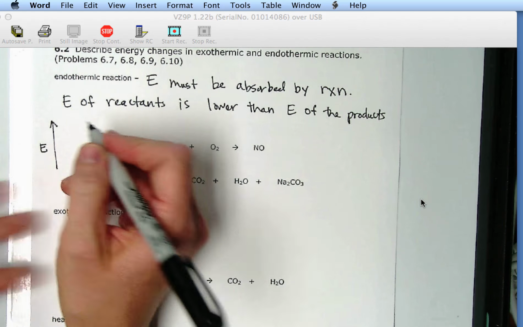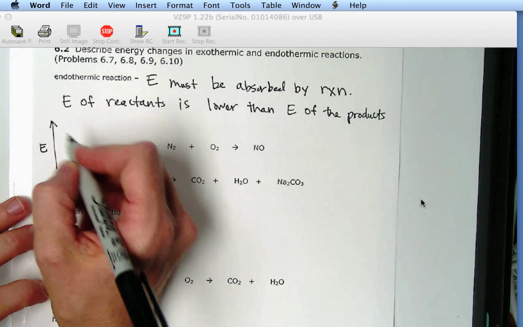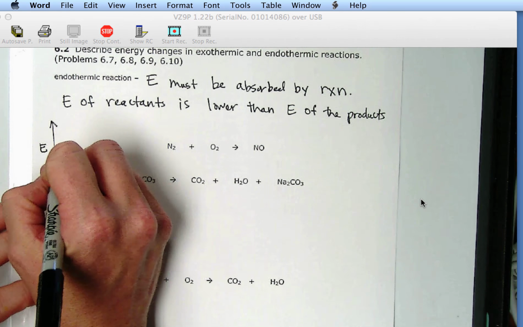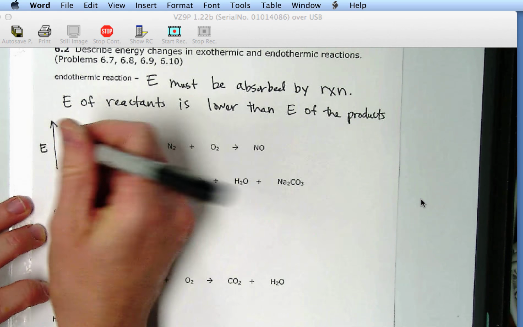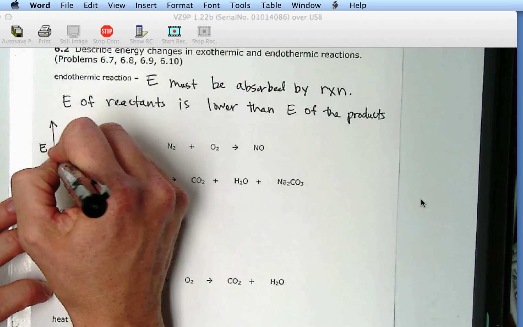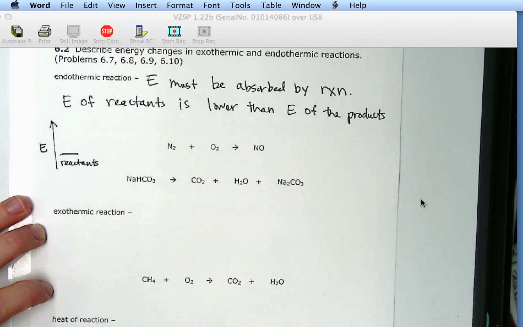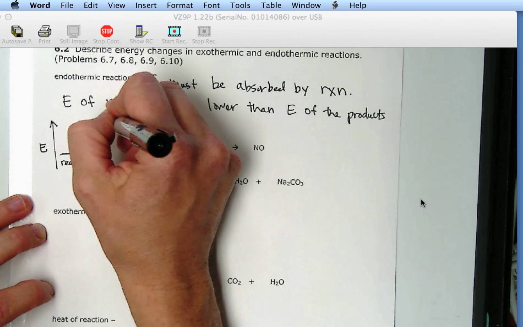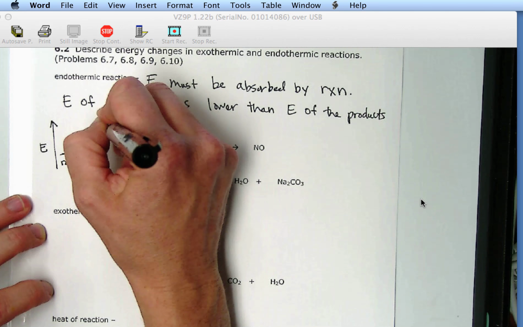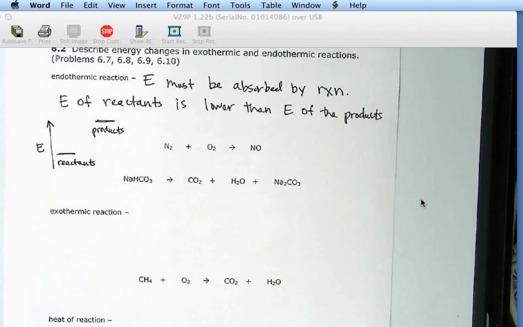I'm getting you ready for these diagrams that we see. So you have your reactants here, and you have your products here. So in order to get this reaction to occur, you have to walk up a hill. You have to put in energy. It's not just going to be an easy reaction to get going.